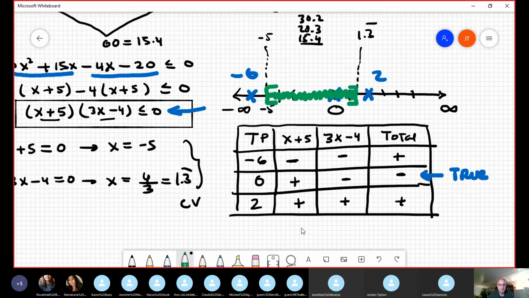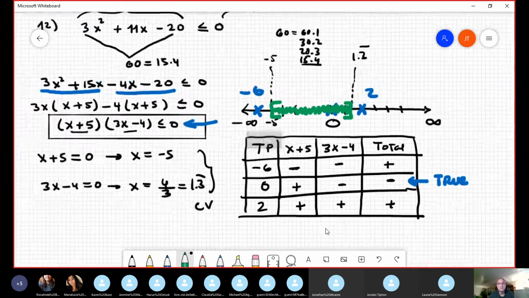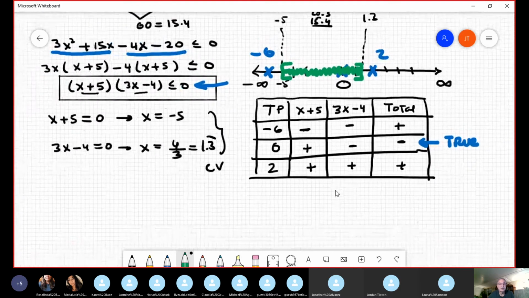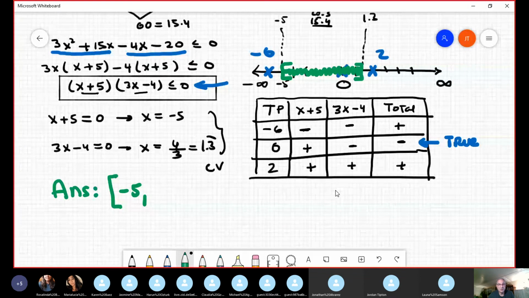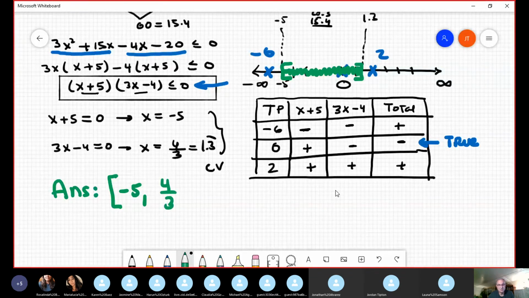And the final answer of this problem is bracket -5, comma, this weird number 1.3 repeated, or whatever you want, 4/3 in fraction, or in decimal. Bracket both. Any question?